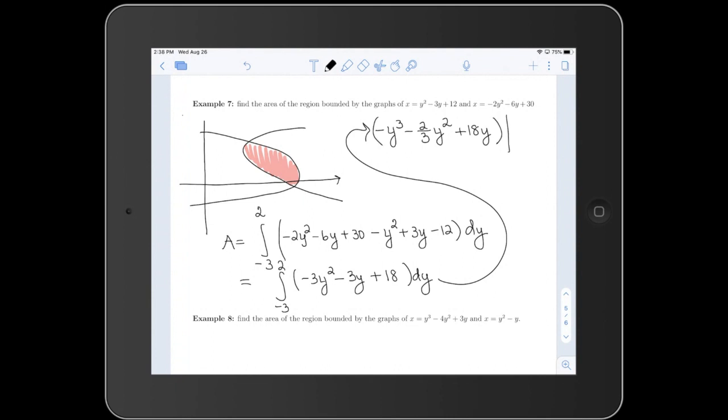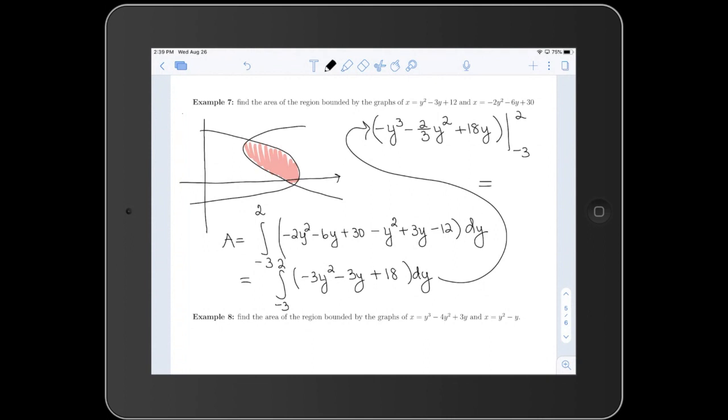We have to evaluate this from -3 to +2. For this one, just use your calculator. I got 125 divided by 2. So what is that? 62.5, right?